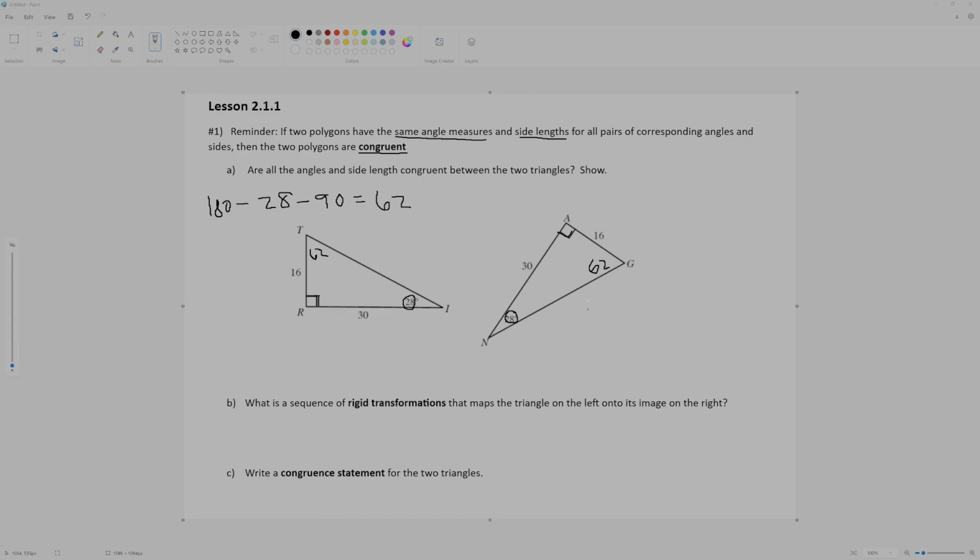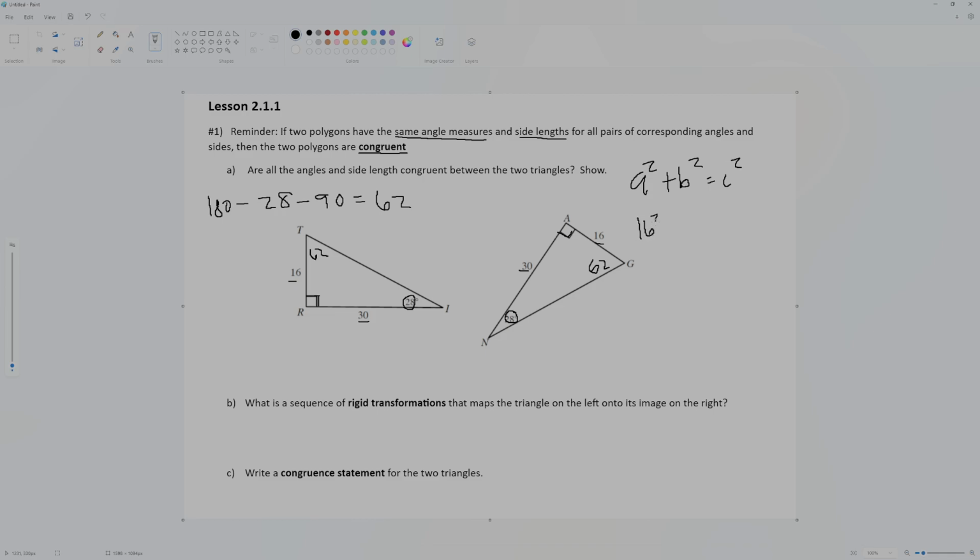Alright, so then we have to do the missing side length. So 16 and 30. We have 16 and 30. So we got to find that missing side, and to find the missing side of a triangle, we have to do a squared plus b squared equals c squared.